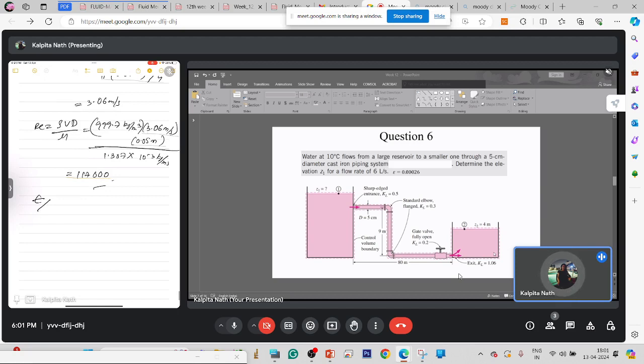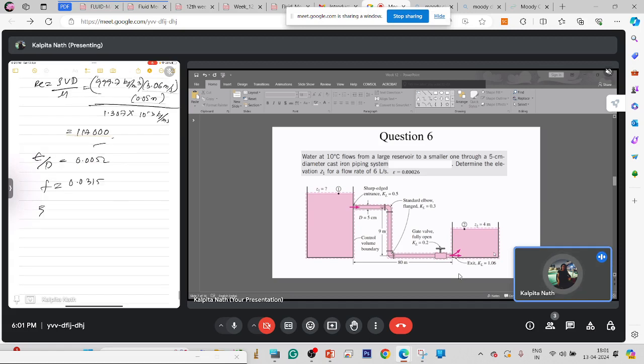Epsilon by D we have calculated as 0.0052. By the Colebrook equation, which we already know, we get F as 0.0315. The summation of all KL is equal to 0.5 plus 2 multiplied by 0.3 plus 0.2 plus 1.06, so this will be 2.36.